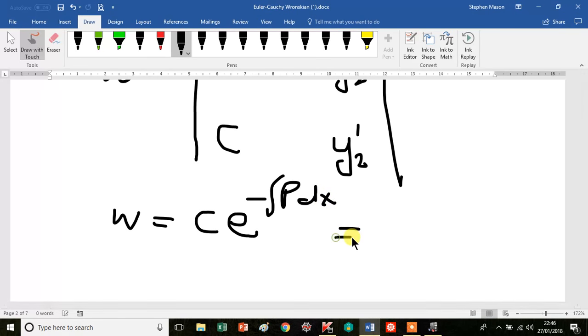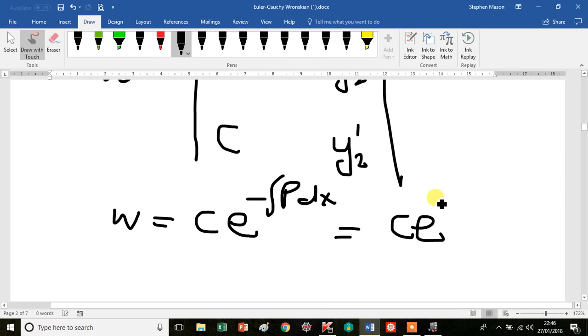But this we know from finding the first linearly independent solution is c e to the power of, well, it turns out to be 1 over x dx, because p is still exactly the same.